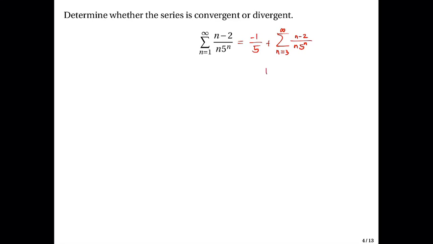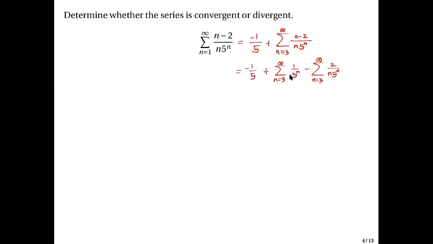For example, if we further separate them, you will have something like this: negative 1 over 5 plus the sum from 3 up to infinity of 1 over 5 to the n, that's for your n over n times 5 to the n, so the n will cancel, and then minus the sum of 2 over n times 5 to the n, where n runs from 3 to plus infinity.